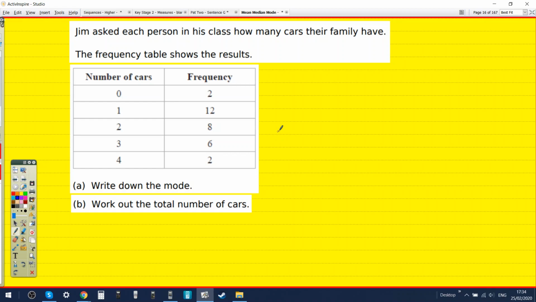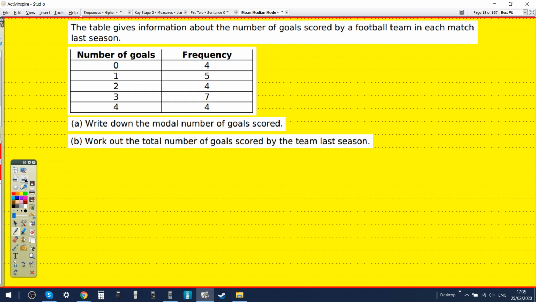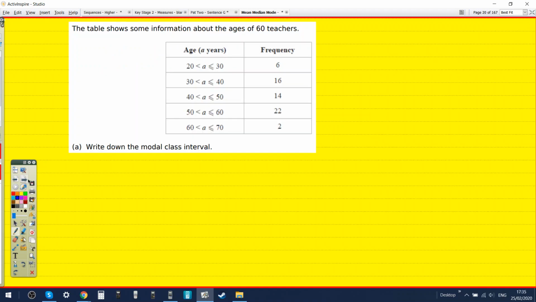So what's the highest frequency? 12. And so what is the mode? 12? It is what that matches up with. Oh, 1. Yes. And so it's the number of cars that they own. What is the mode here? 3. Well done. So that's 3 goals. It's the average goals per game.